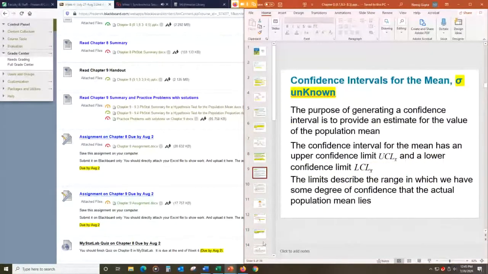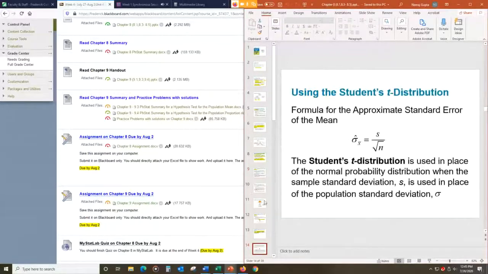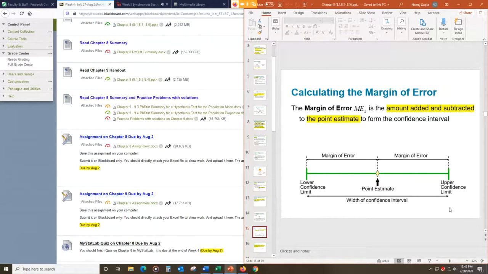Let's understand one more thing before I take an example. The confidence interval is the interval generated around the point estimate. If it is mean, the point estimate is my sample mean, x bar.